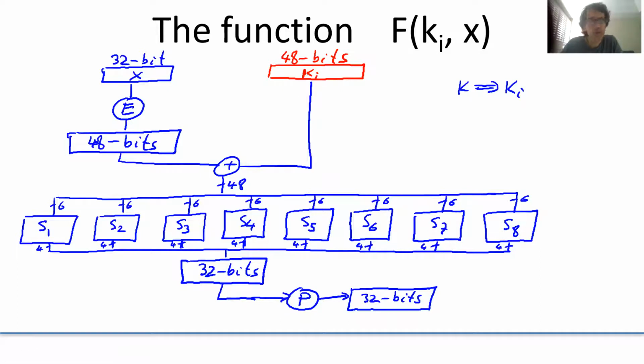Well, can this be a PRF? That seems like a very, very simple operation, right? You use the key in a very simplistic way. Compare it to the tree-based construction of a PRF.